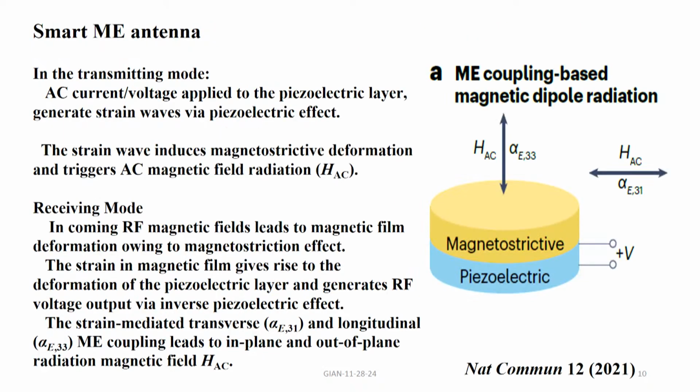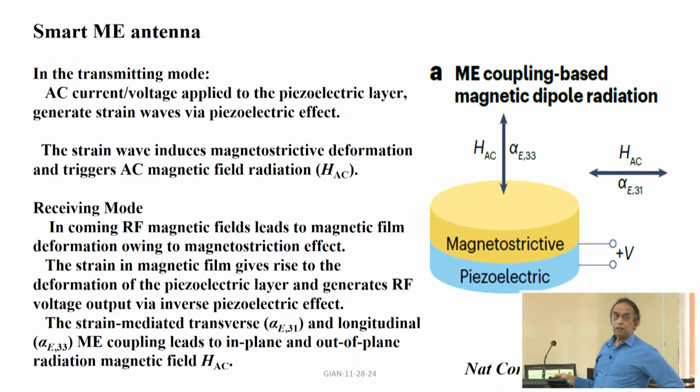So, how does it function as an antenna? Let us see here, this is the transmitting mode. It is just a composite of a ferromagnet and a piezoelectric. So, you apply an AC current or voltage to the piezoelectric layer. Then what does it do? It will produce piezoelectric strain in this medium. That strain will be transmitted to the magnetostrictive medium.